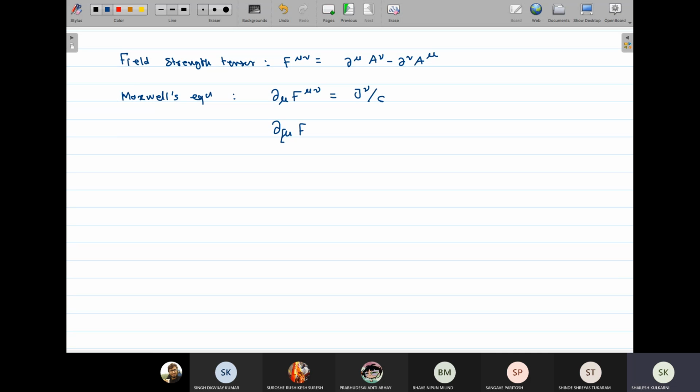I will write this in shorthand notation. This bracket indicates that it is a cyclic permutation. So these two equations encode in a beautiful manner all the Maxwell's equations.